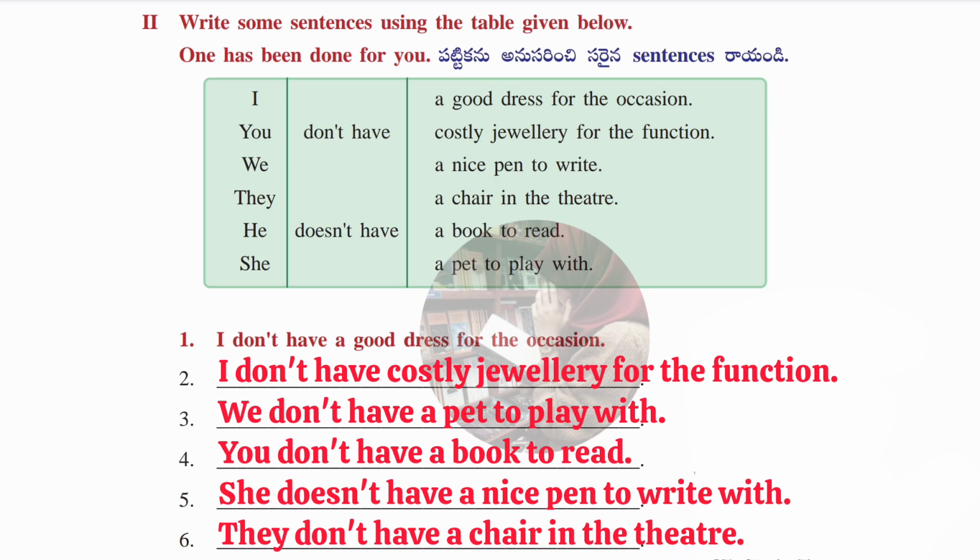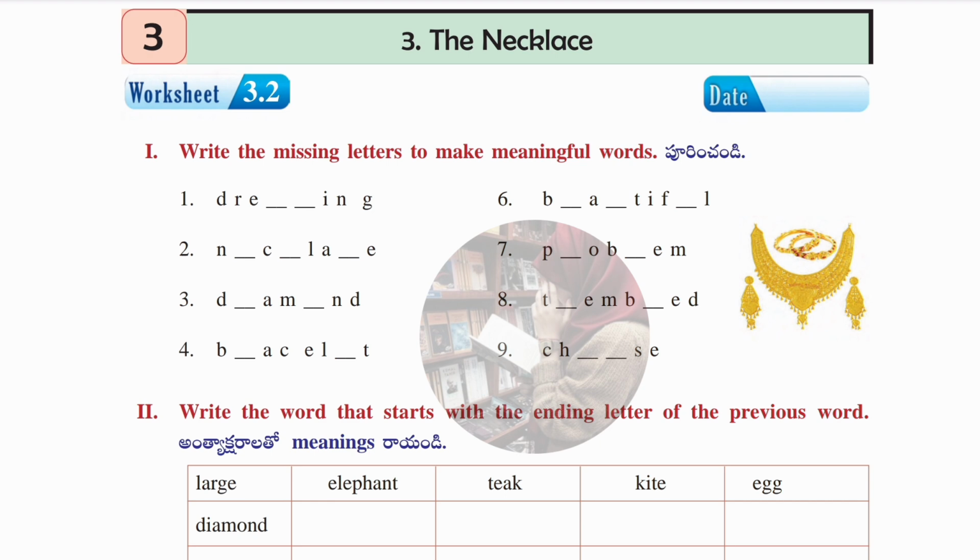Okay, now move on to the next worksheet, that is worksheet number 3.2. Here in the first Roman we have given missing letters. Okay, let's see this.